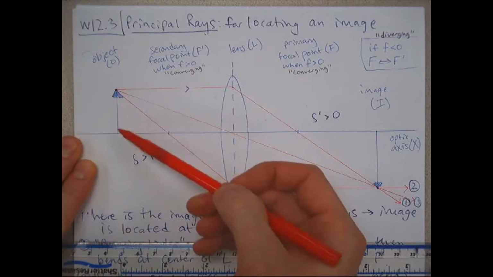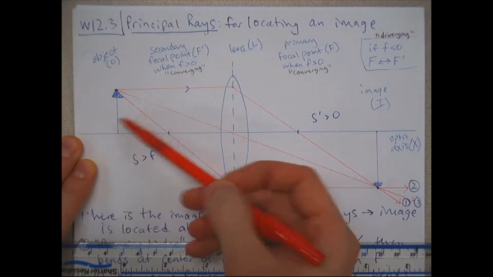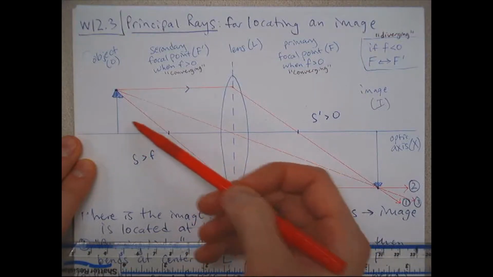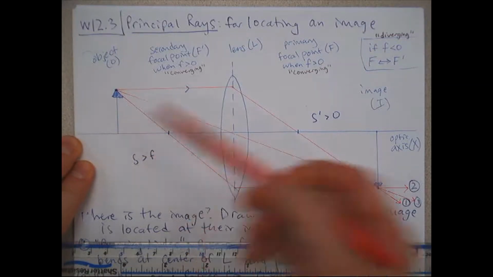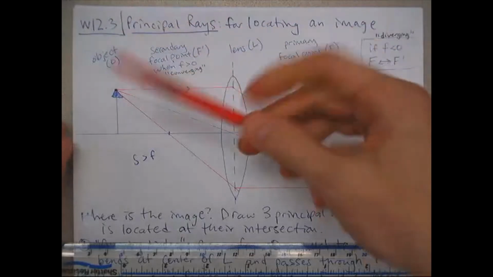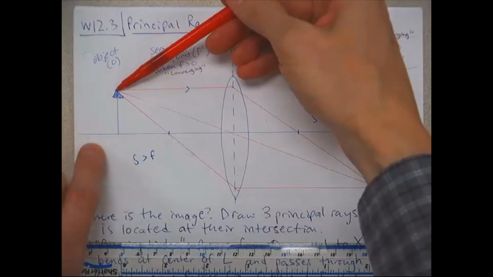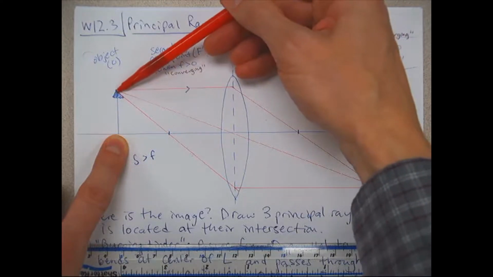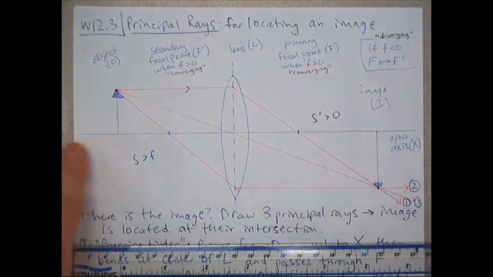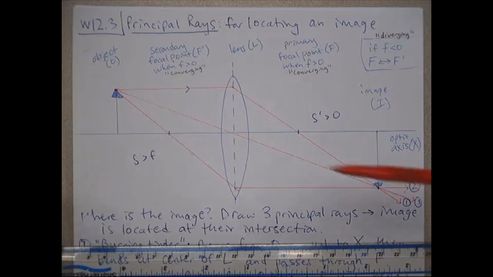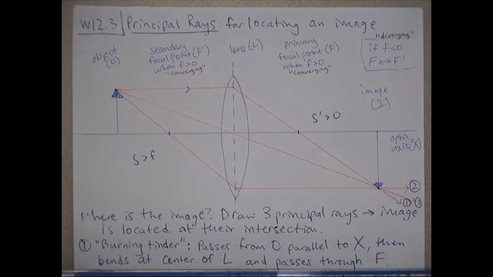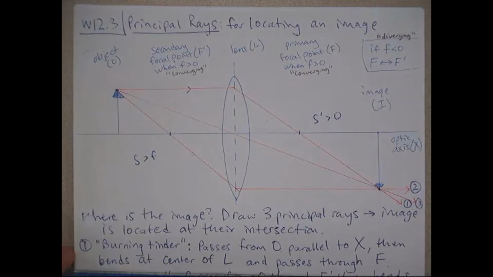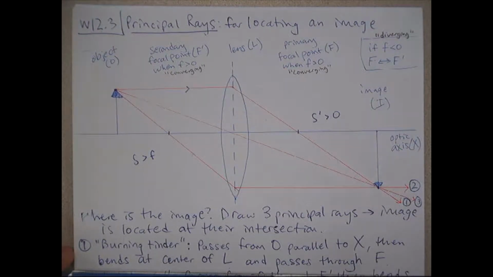Of course, the entire object either produces its own light or reflects light in all directions, but we only need to consider one point here at the tip of the arrow, which is often the symbol that we use to define our object. And we will draw three principal light rays in order to locate the image location.